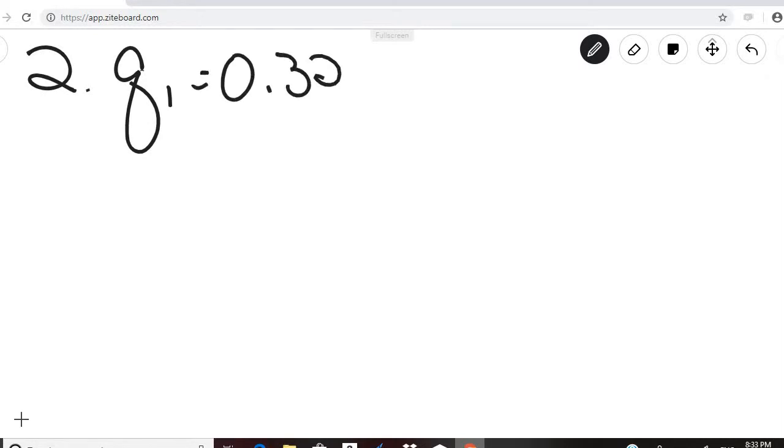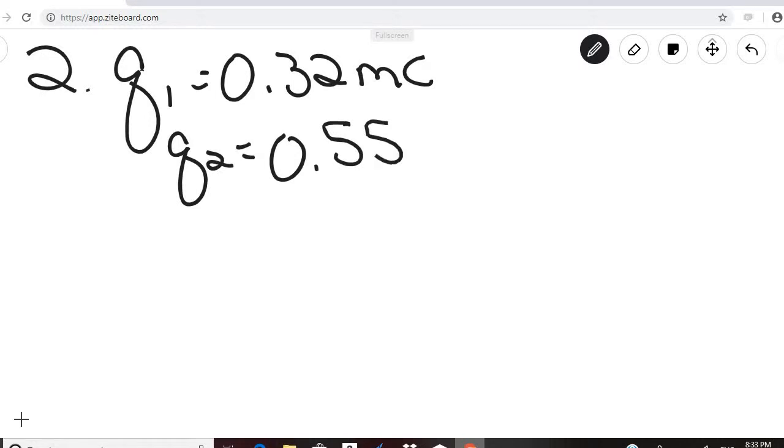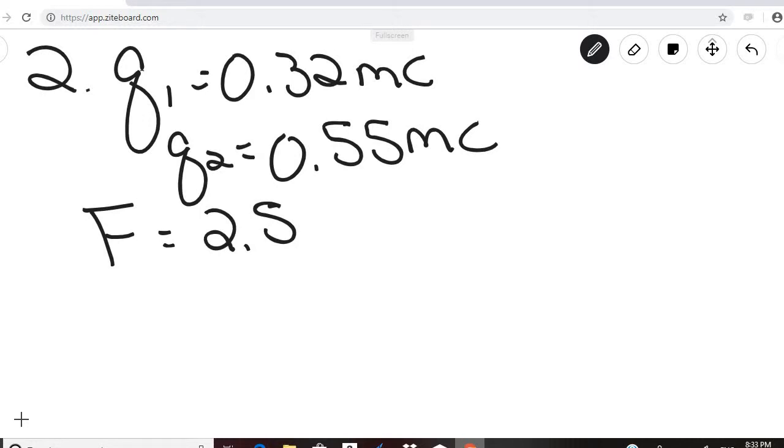Number 2, we have 2 charges. Q1 is 0.32 millicoulombs. Q2 is 0.55 millicoulombs, and we are told that they have a repulsive force that is 2.5 times 10 to the 5th newtons.